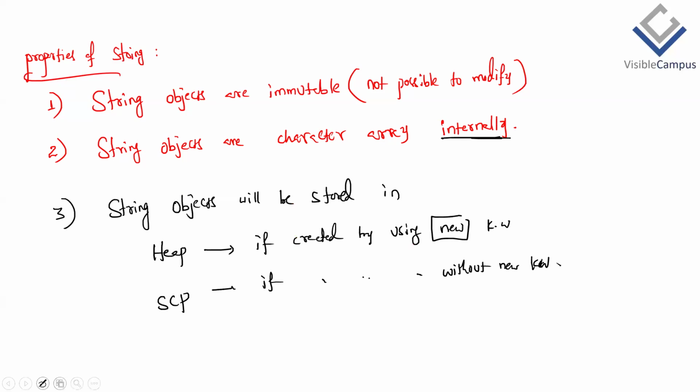And the next property: multiple objects will be created or will not be created? Multiple objects will be created. And what about the second scenario?